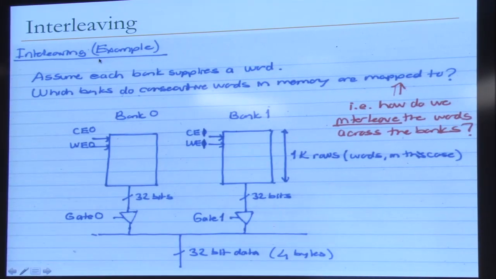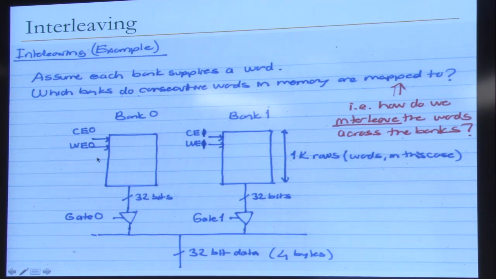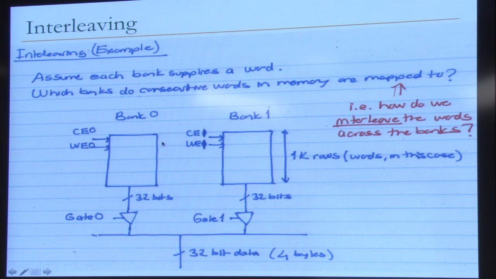The key question in interleaving is, which banks do consecutive words in memory get mapped to? You can have a single word mapped here, the next word here, the next word here, and so on. That's word interleaving, right? You can have a cache block mapped here, the next cache block mapped here. That's cache block interleaving. You can have a row or page, an entire OS page, mapped to this bank, the next page mapped to this bank, the next page to this bank.